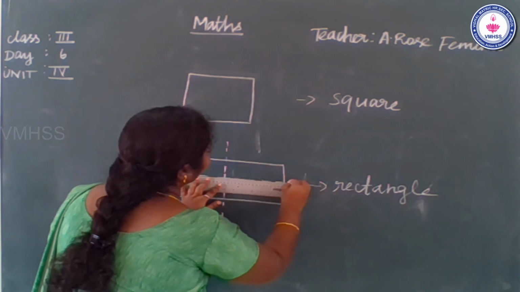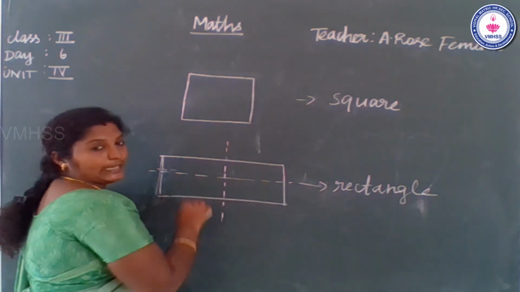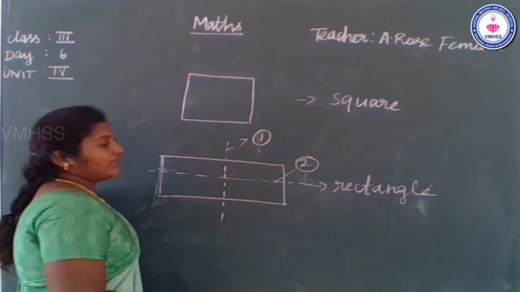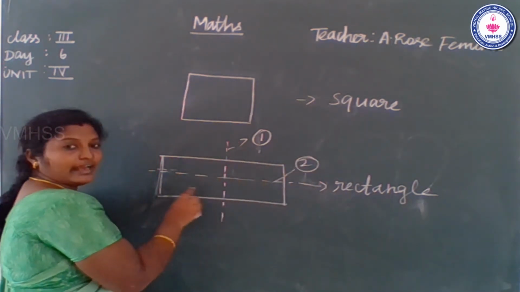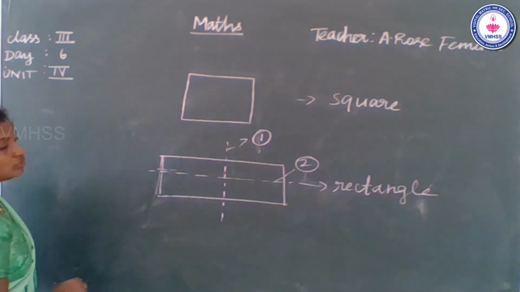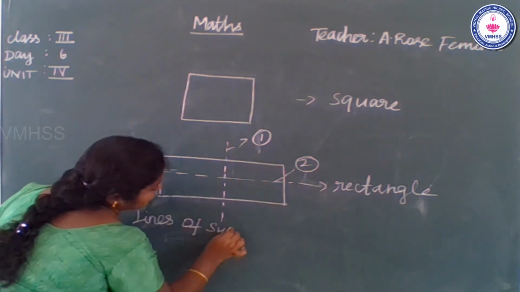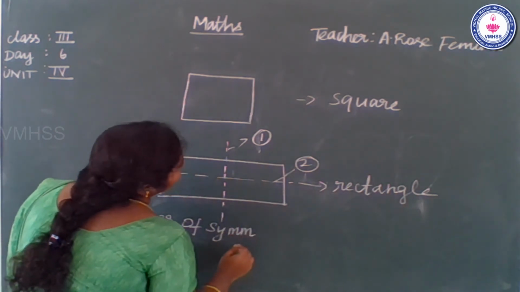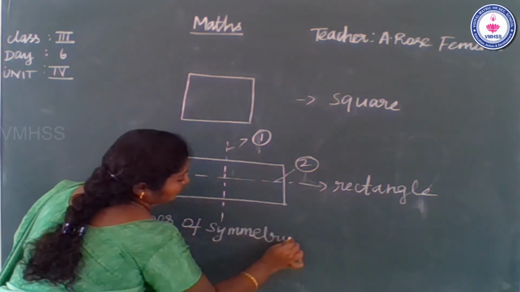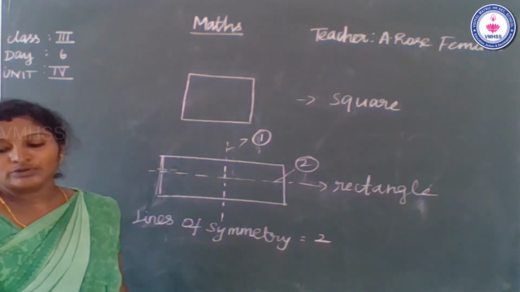This is the first line, and the second line is also equal. Use a ruler only to divide into equal parts. This is the vertical line and this one is the horizontal line. So the rectangle has 2 lines of symmetry.